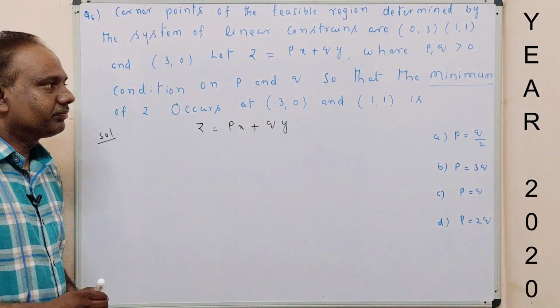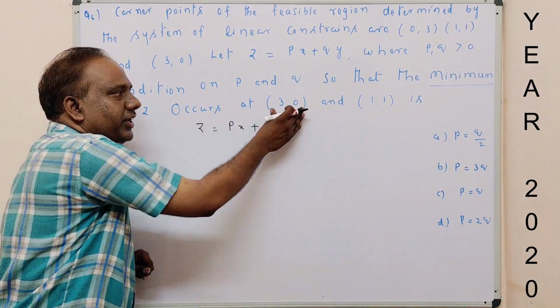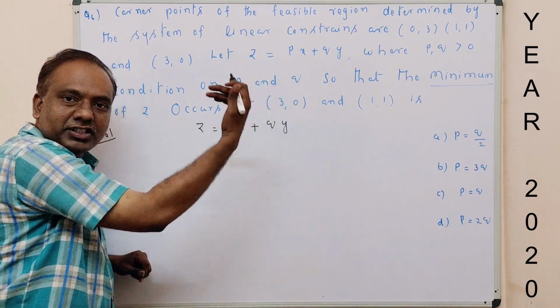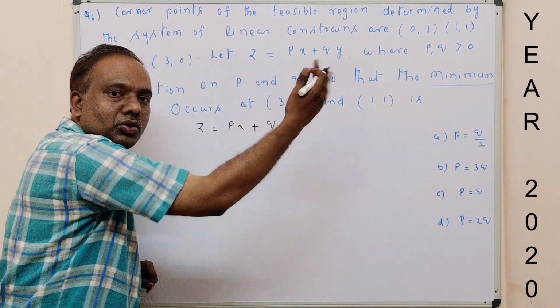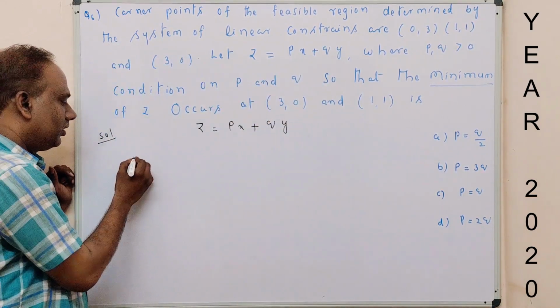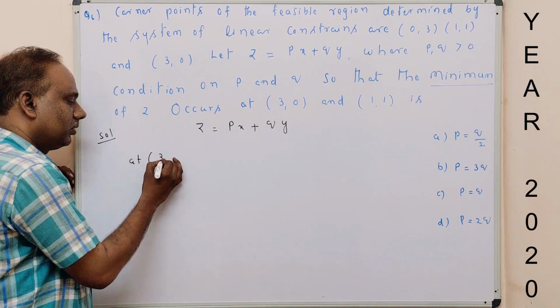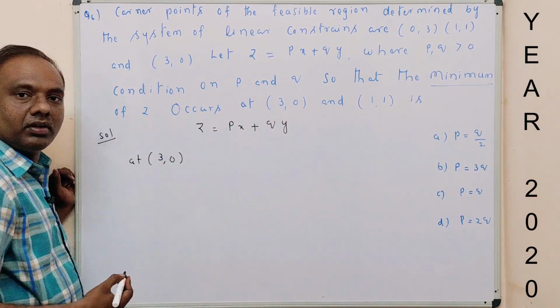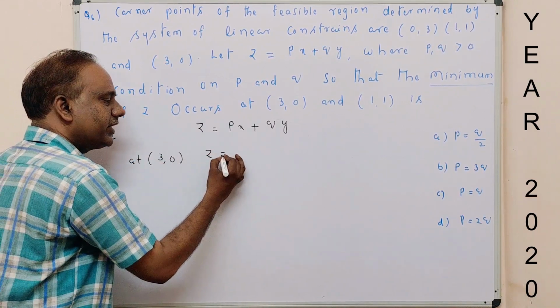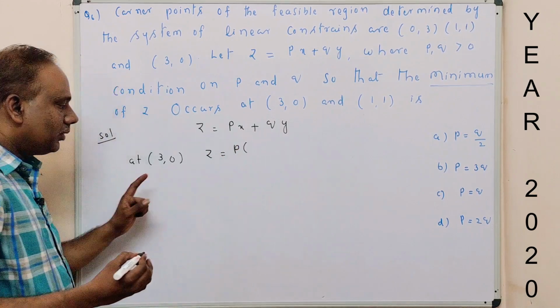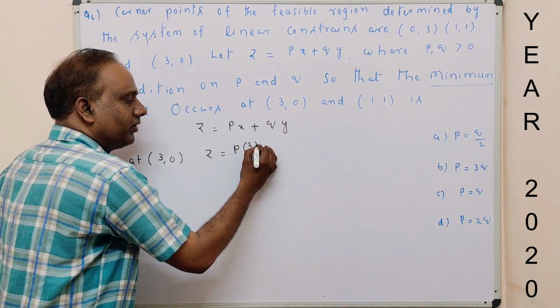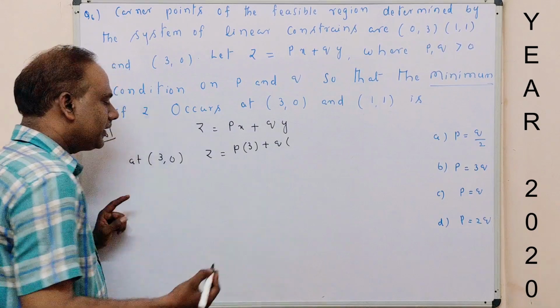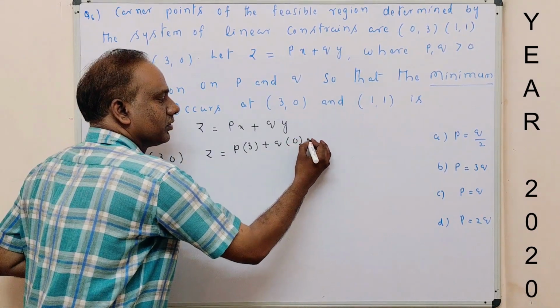So here the meaning is, at 3 comma 0 it is minimum, and at 1 comma 1 also minimum. So first of all, at 3 comma 0, z is equal to p into, in the place of x you substitute 3, in the place of y you substitute 0.